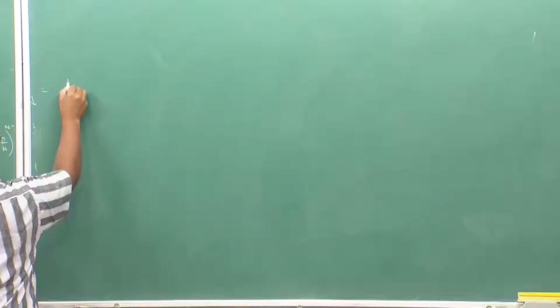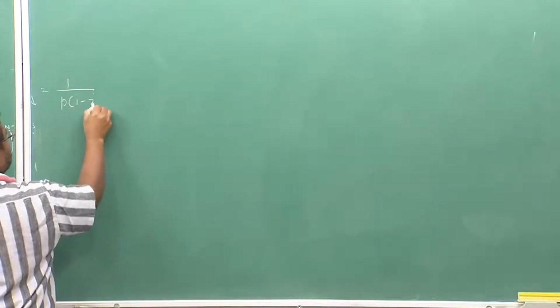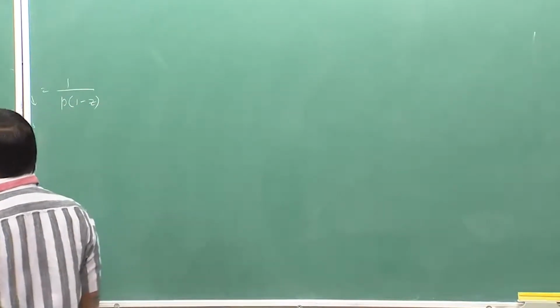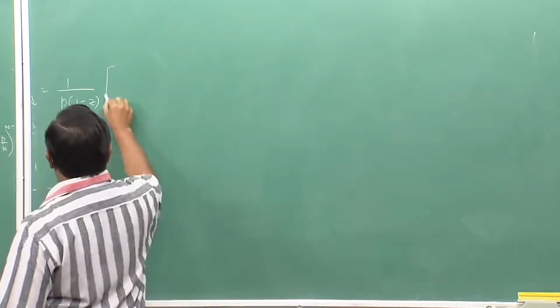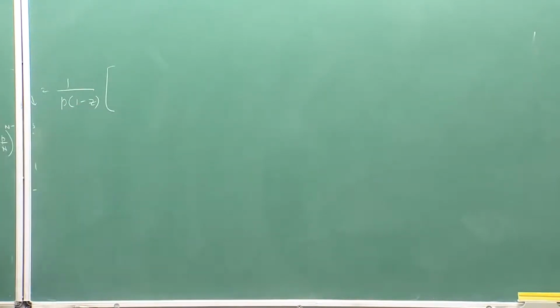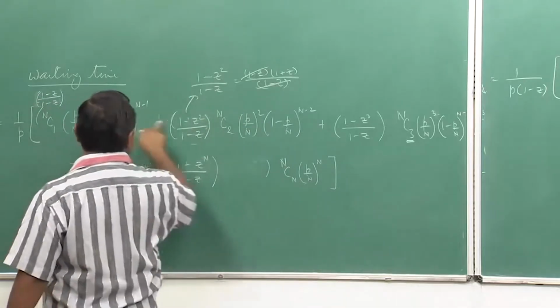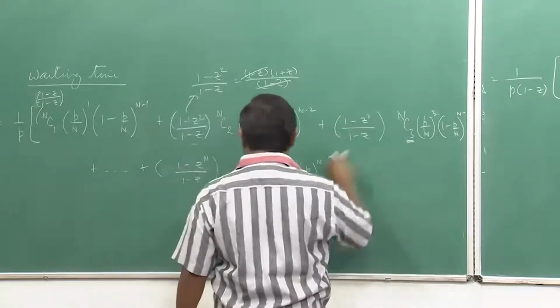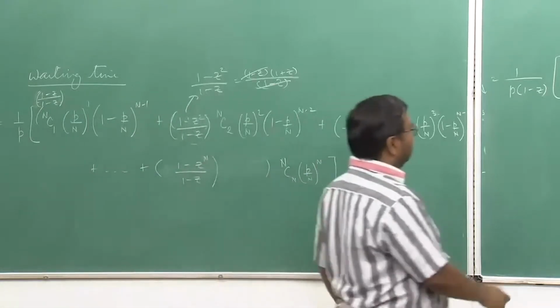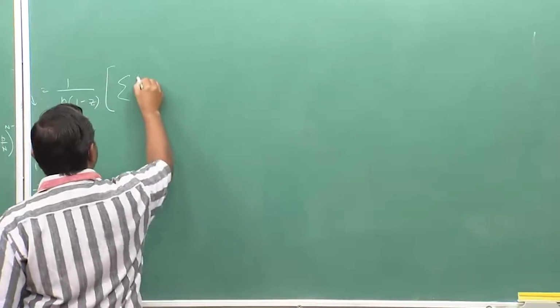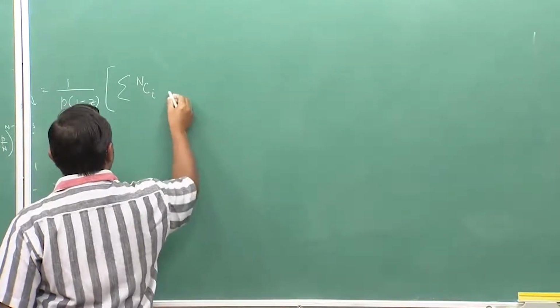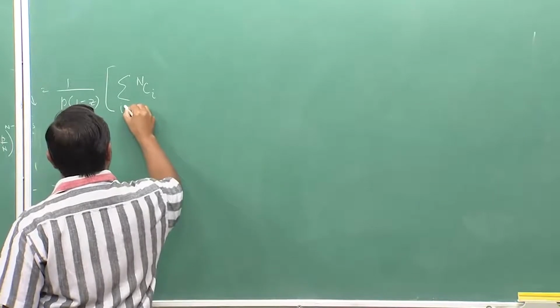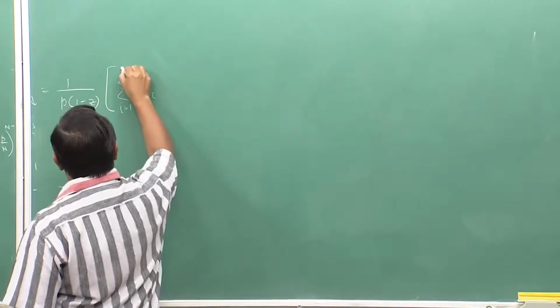So, I can write 1 over p 1 minus z and then of course all the terms with 1 multiplied by this, 1 multiplied by this, 1 multiplied by this, I can add, and those will become summation of NCI, I goes from 1 to n.